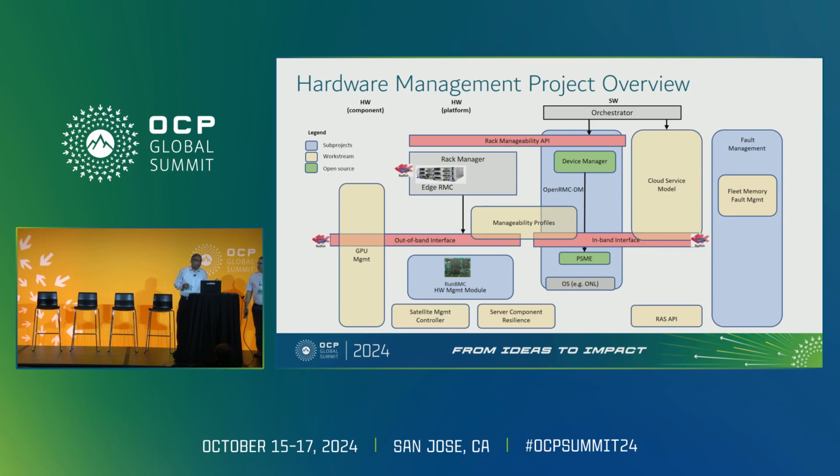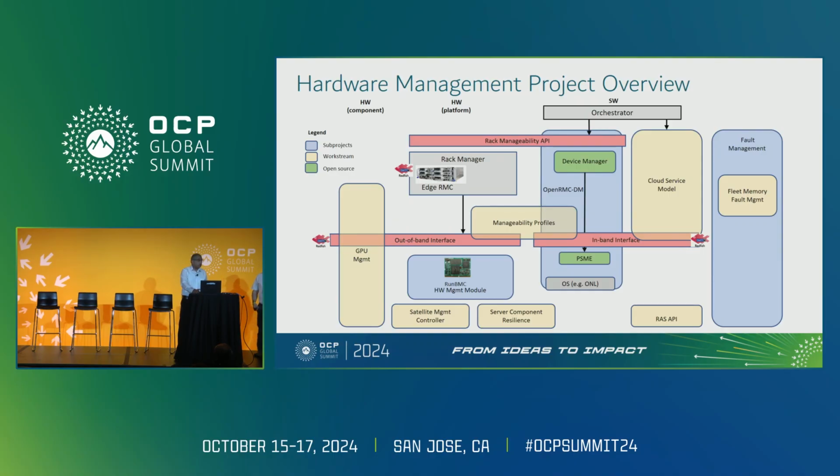Auxiliary or satellite management controller is another work stream. The API for RAS is also defined by a work stream. And then we have two other things: the cloud service model, for which we have a presentation later, and server component resilience. So this gives you how the whole hardware management project is structured.